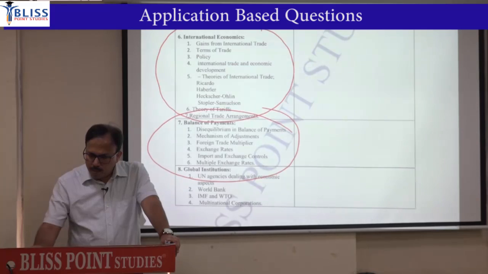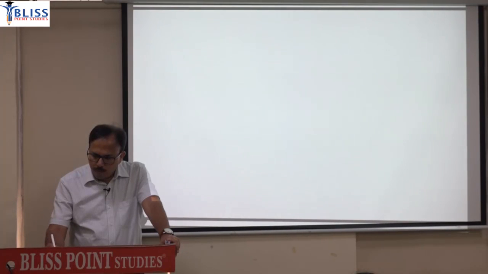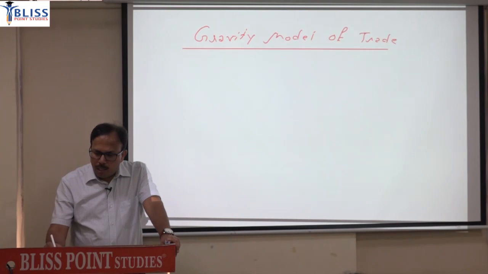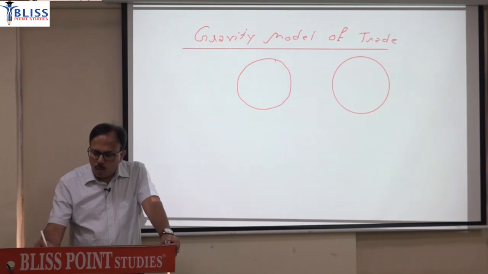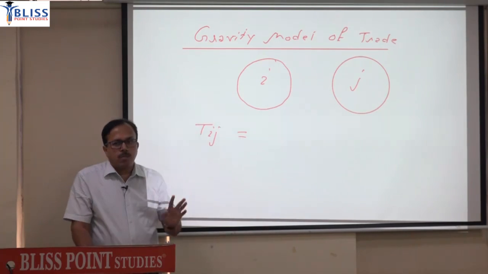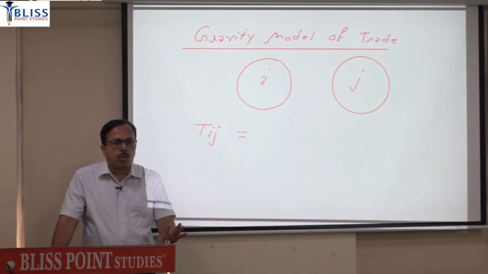Gravity model of trade first. The gravity model, the main argument of the gravity model is that the volume of trade between two countries, suppose if I consider one country as country I or country J, the gravity model says that the value of trade between country I and country J depends upon the size of these two countries, and it also depends upon the distance between these two countries.